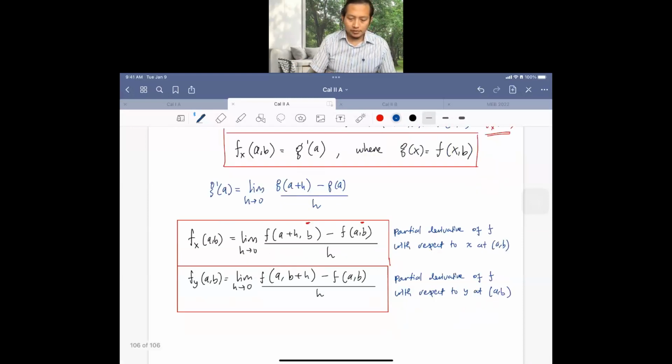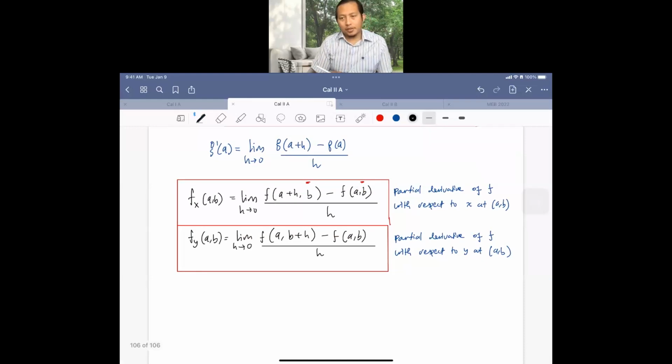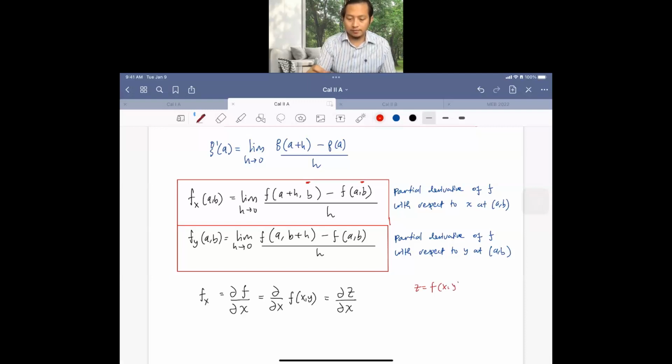Now for the notations for partial, you can choose which notation. You can write the partial x like that, or having the Leibniz notation like this one, or to be complete, we can write with x, y like that, or sometimes we can write z, okay, because ideally z is actually a function of x, y. And we can write also with d like that, x, f.